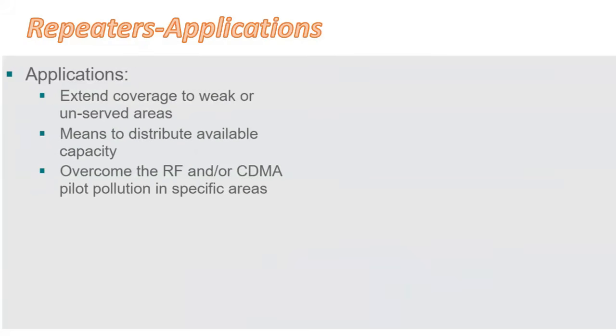So what are the major applications of repeaters? Repeaters are used to extend coverage to weak or unserved areas in places where dedicated capacity is not required. In other words, the use of repeaters can be seen as a means of distributing available capacity, right? So it will improve your coverage, but not capacity.